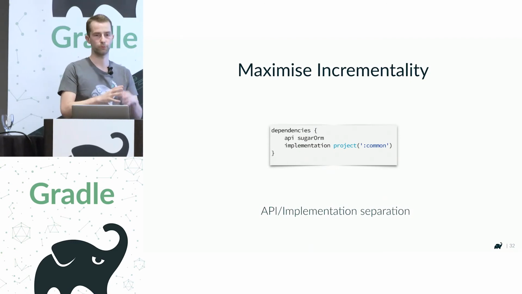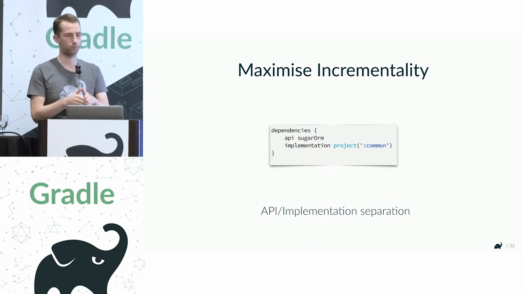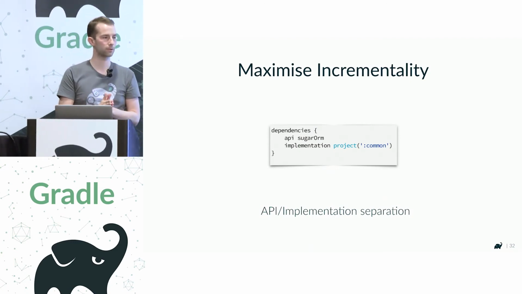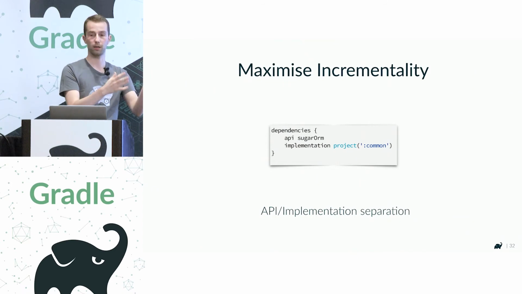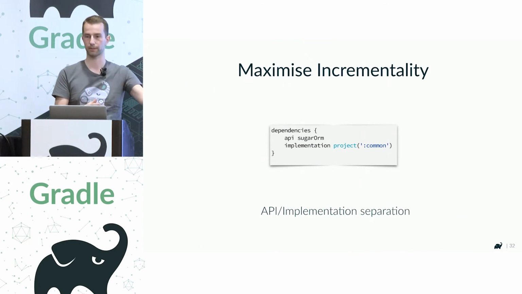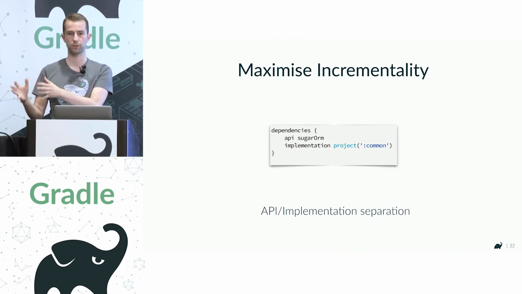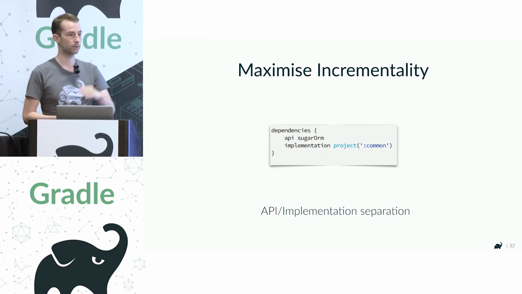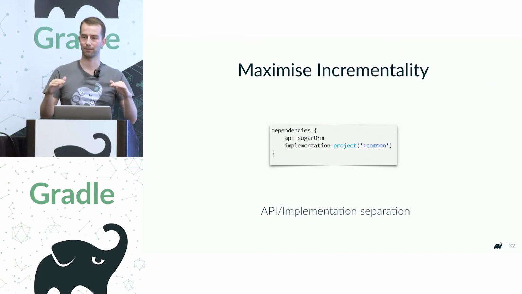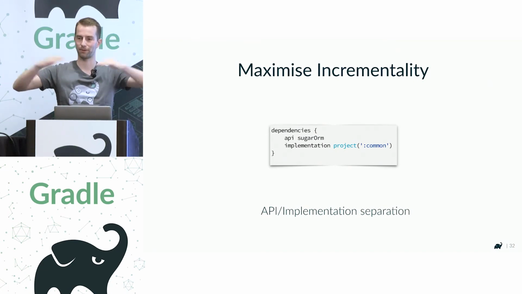And of course, the same is true for intra-project dependencies. If I have a bunch of helpful libraries, then I should make a clear distinction between this library is part of my API, so if you compile against me, you're also compiling against that library, versus this library is just an implementation detail. You shouldn't worry about it. And so that way, we can cut the snowball effect of changes very short.